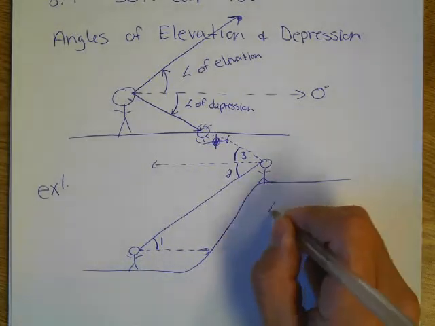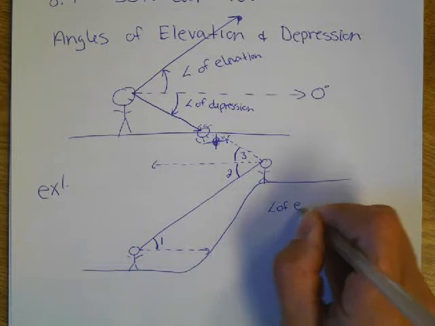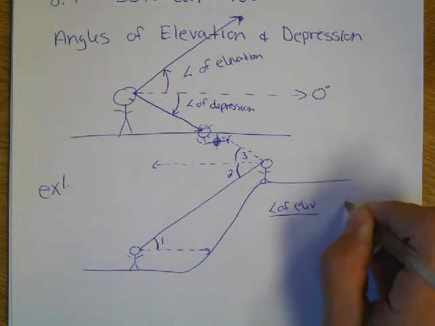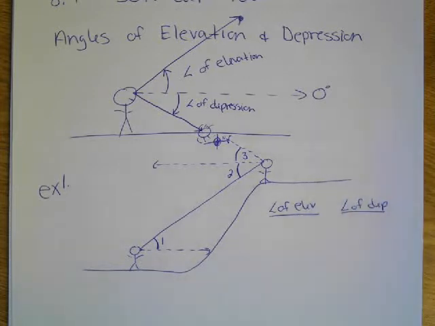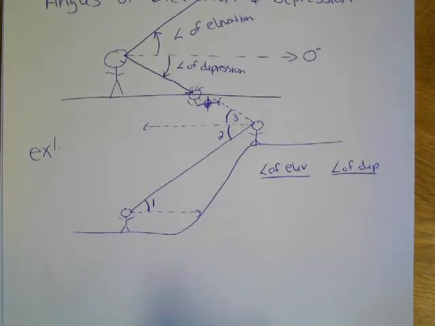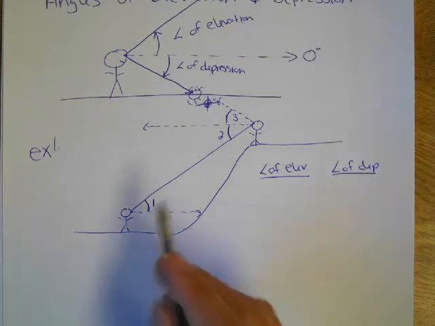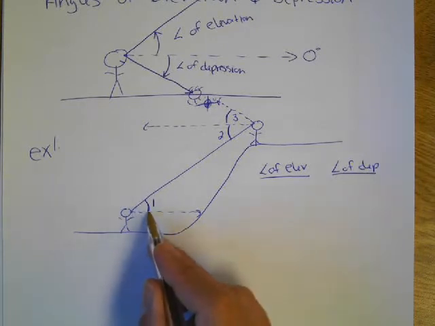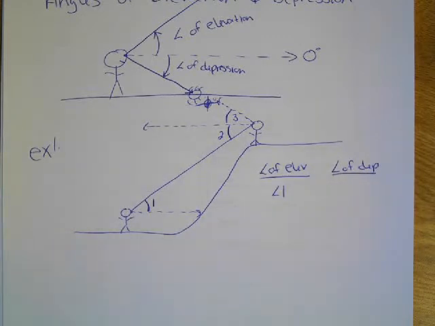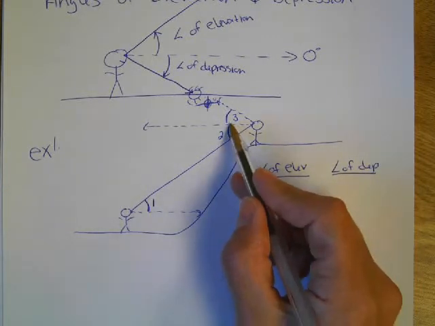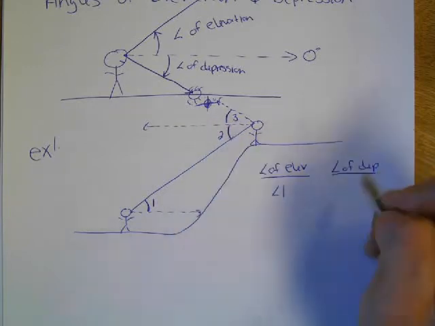So we want angle of elevation and angle of depression. So let's go for angle 1, because this person, if you look, from the 0 line you have to go up. That's an angle of elevation. This angle 2, notice it's connecting the 0 line and down. So this is an angle of depression.